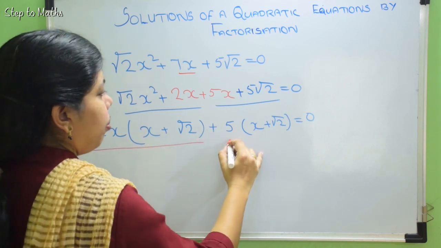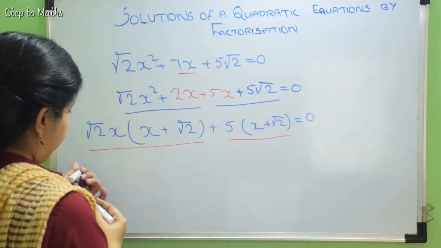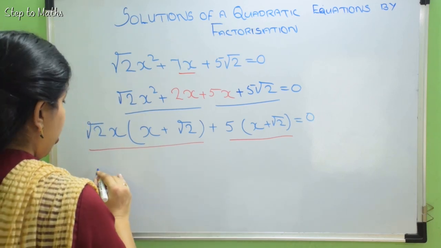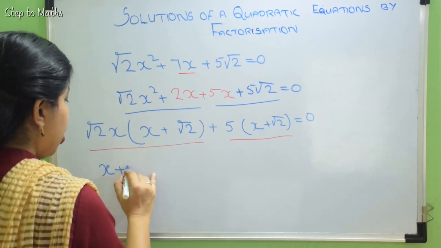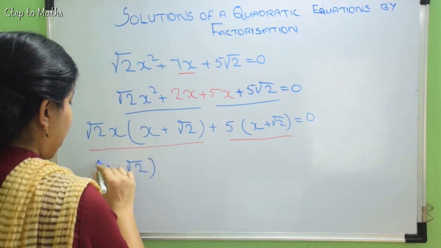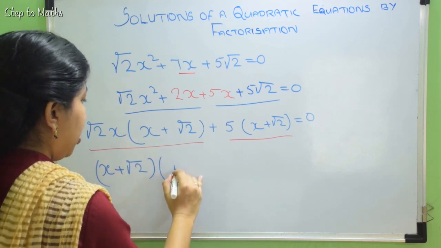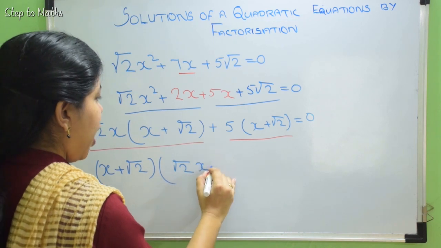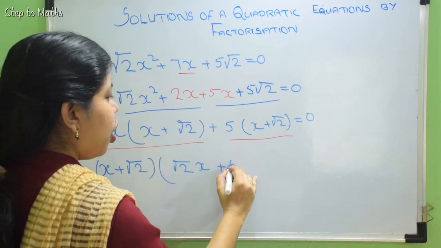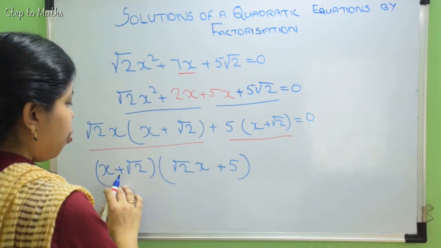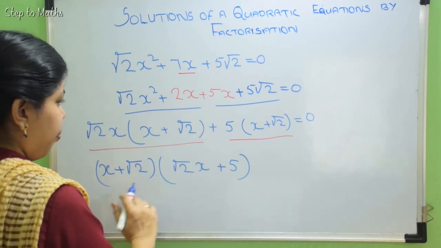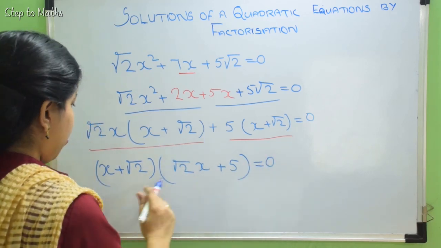Here, x plus root 2 is common, and the remaining is root 2 x plus 5. So (x plus root 2) into (root 2 x plus 5) is equal to 0.